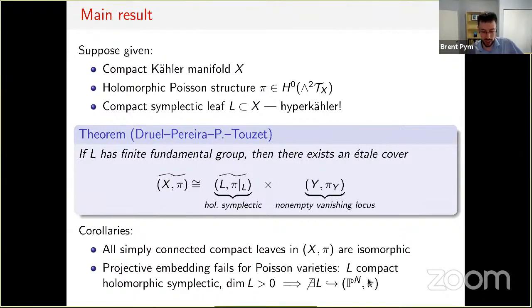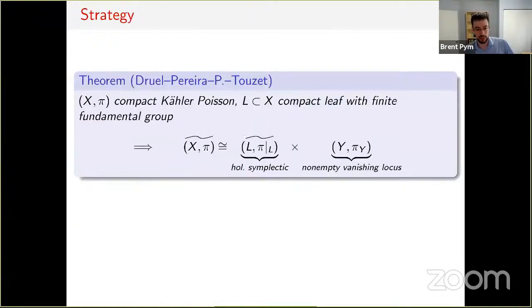The reason is that if you could, then by the theorem, you would split the projective space as a product of the symplectic thing and something else, which is not possible. And actually, here I would need to say that L has a finite fundamental group, but this corollary can be proved in another way, which doesn't require the finiteness of the fundamental group. Okay, so again, the theorem: you have a compact Kähler manifold with a compact leaf with finite fundamental group, then it splits after an étale cover.